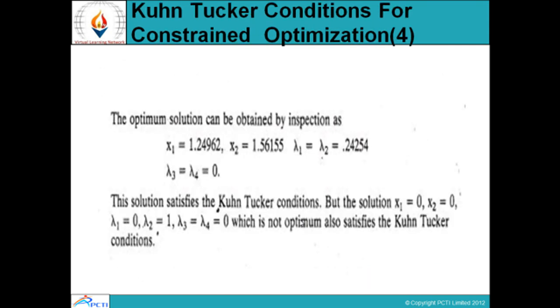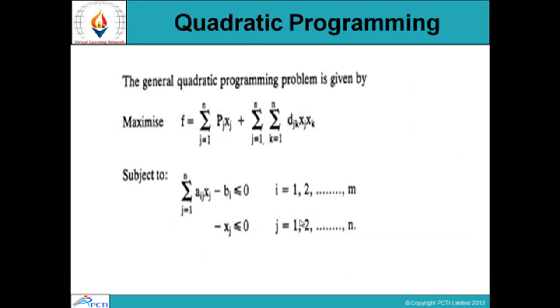So, the optimum solution can be obtained by inspection as x1 equal to 1.24962, x2 equal to 1.56155, lambda 1 equal to lambda 2 equal to 0.24254, lambda 3 equal to lambda 4 equal to 0. This solution satisfies the Kuhn-Tucker conditions, but the solution x1 equal to 0, x2 equal to 0, lambda 1 equal to 0, lambda 2 equal to 1, lambda 3 equal to lambda 4 equal to 0, which is not optimum, also satisfies the Kuhn-Tucker conditions.